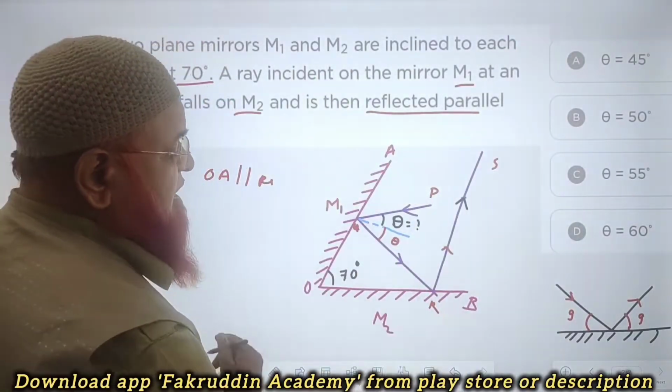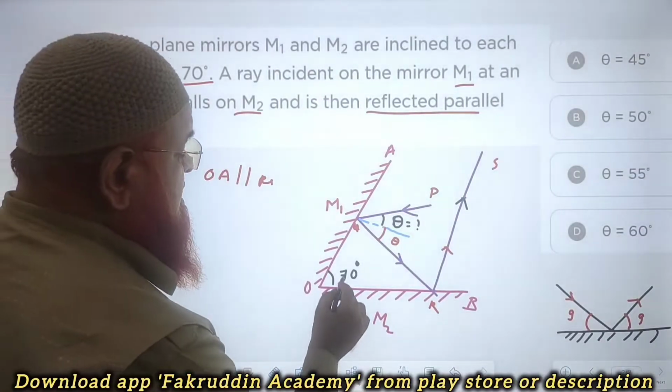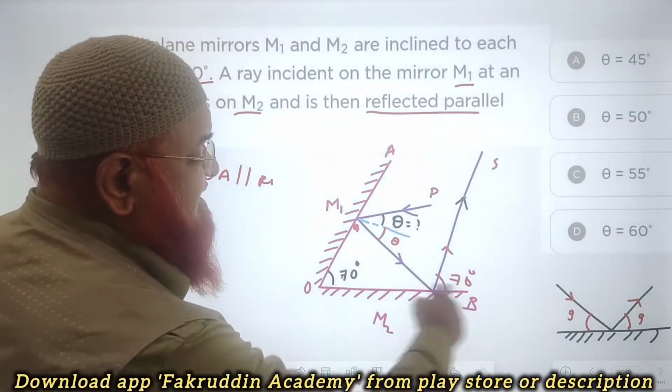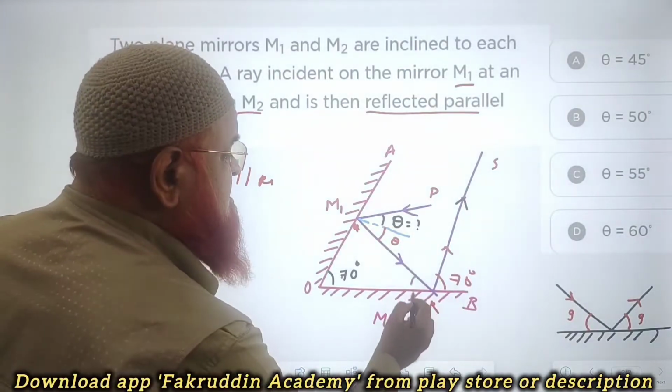When these two are parallel, then you will get one small conclusion: ये angle 70 अगर है तो this is also going to be 70 degrees, because these are corresponding angles, parallel lines are having same angles. If this is 70, this is also 70.